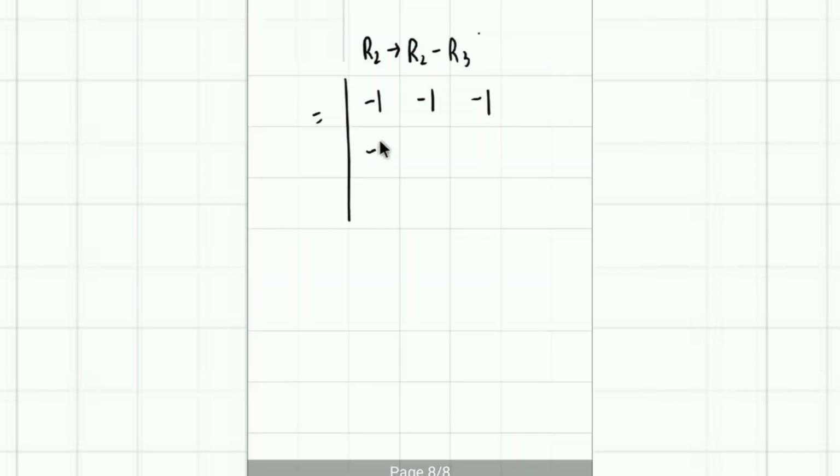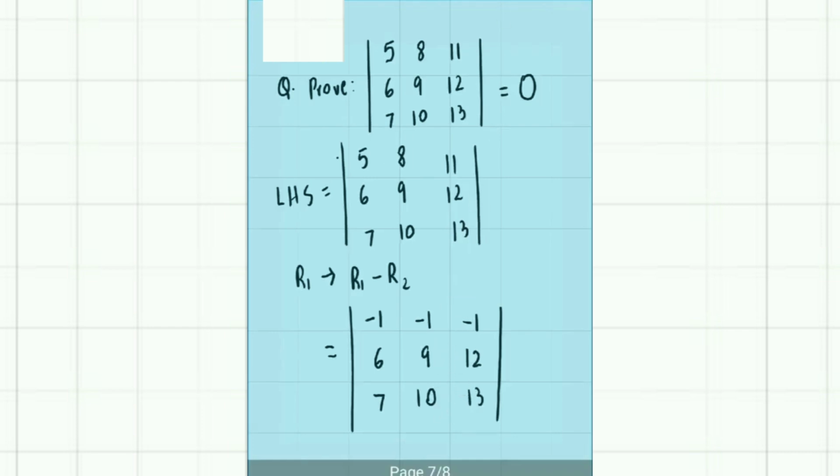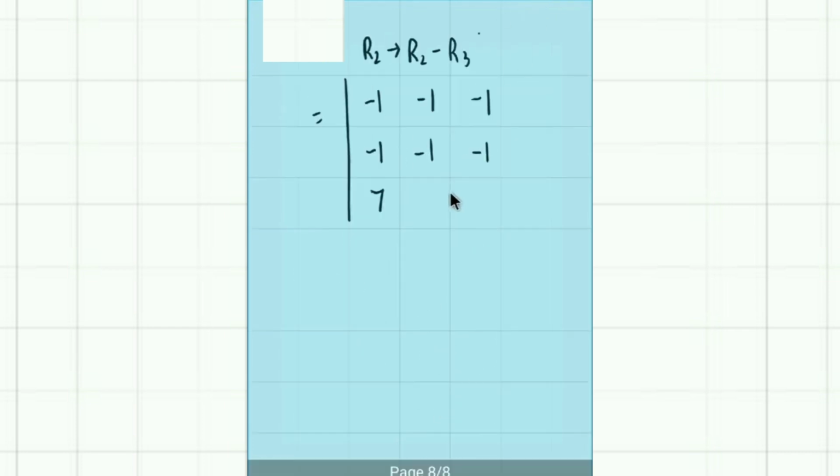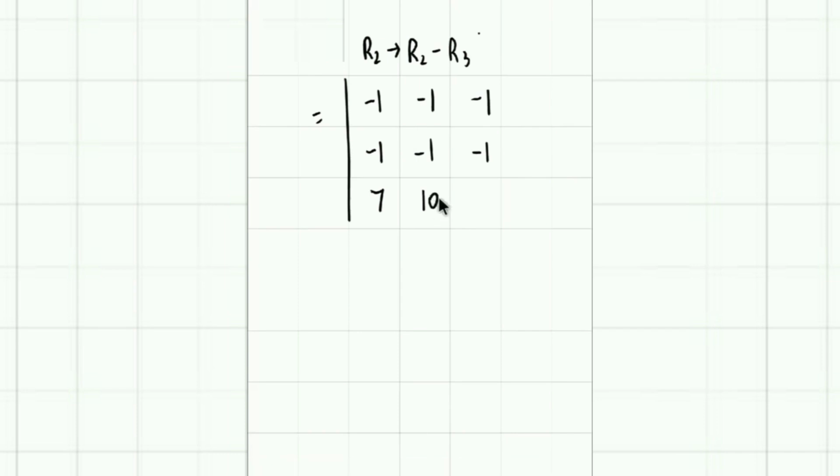So we get minus 1, minus 1, minus 1. And the last row remains the same, that is 7. Then we have 10 and 13. So 7, 10, 13. Now if you observe, R1 is identical with R2.